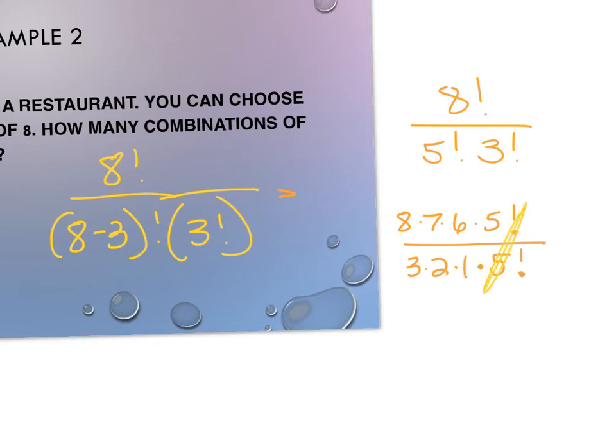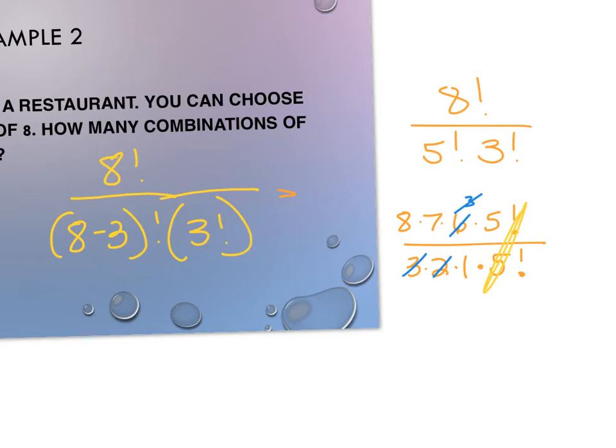And then 2 goes into 6 3 times, and 3 goes into 3 once. So now I've got 8 times 7 times 5, which is 280. It's just simplifying. I'm saying without a calculator, I would do it differently.